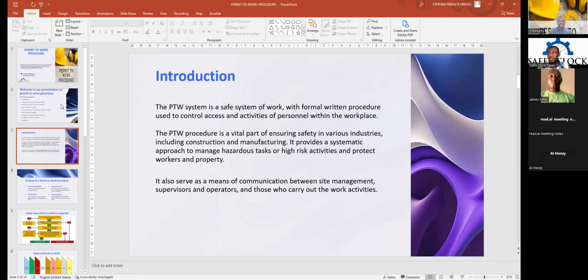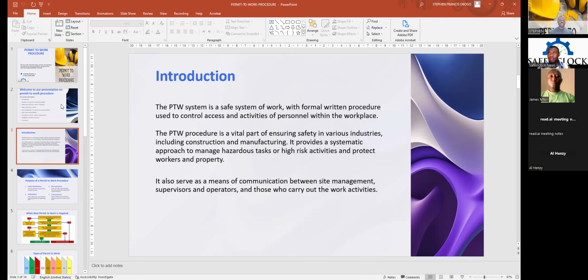So it also serves as a means of communication between site management, supervisors, operators, and those who carry out the work activity, because when a formal process of permit to work system is introduced in a particular site or project, when I mean introduced, that's being implemented, you discover that when the process is duly followed in compliance, then you will know that the permit to work system is a document of communication.